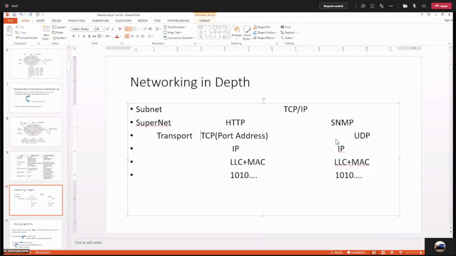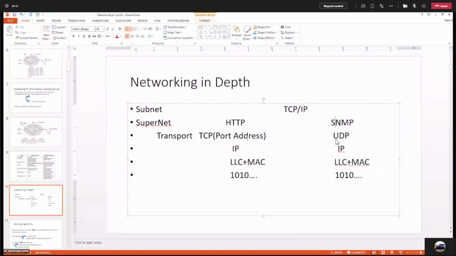Similarly, in case of SNMP to UDP communication, at the transport layer you have to use the port address for establishing communication between the application layer and the transport layer. So HTTP to TCP communication requires port address, and SNMP to UDP communication requires port address.